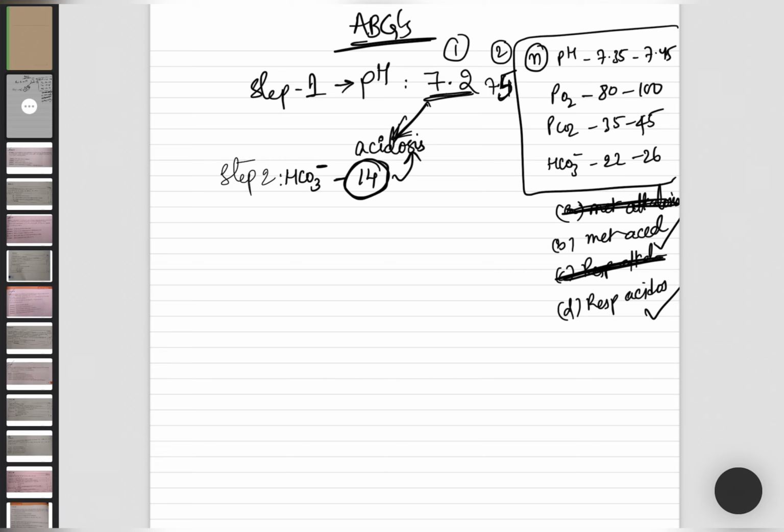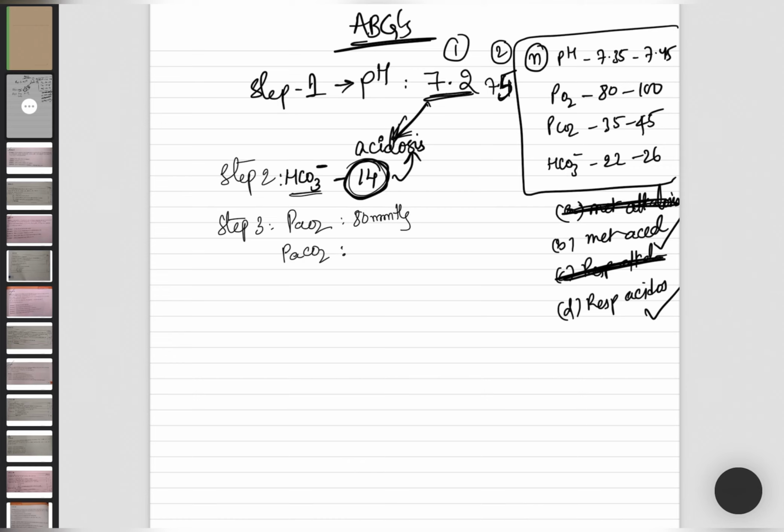So the second step is observing what the bicarb is. By seeing the bicarb, you have confirmed that low bicarb can contribute to acidosis, so this can be metabolic acidosis. But you should not forget to do step 3, that is watching PaO2 and PaCO2.